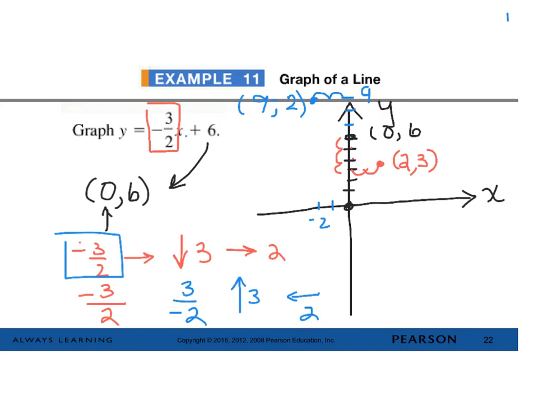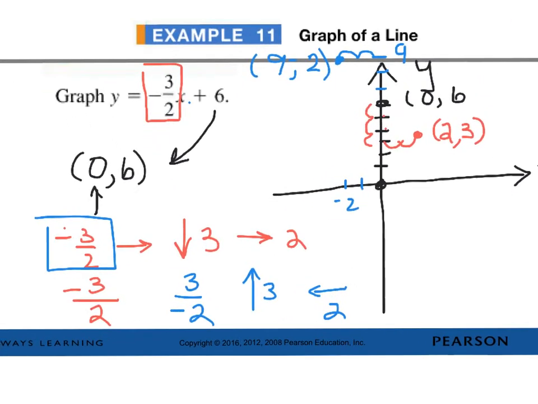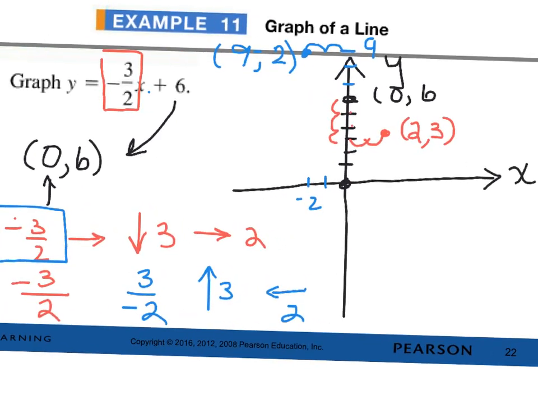But the key to this whole thing is that you need to remember that if I draw a line through those points, it ought to contain all 3 of those points.